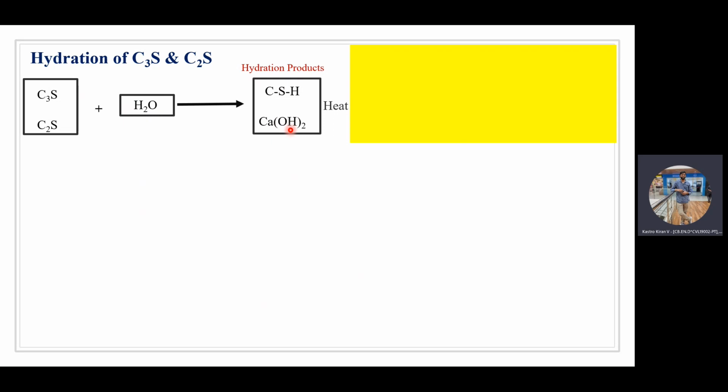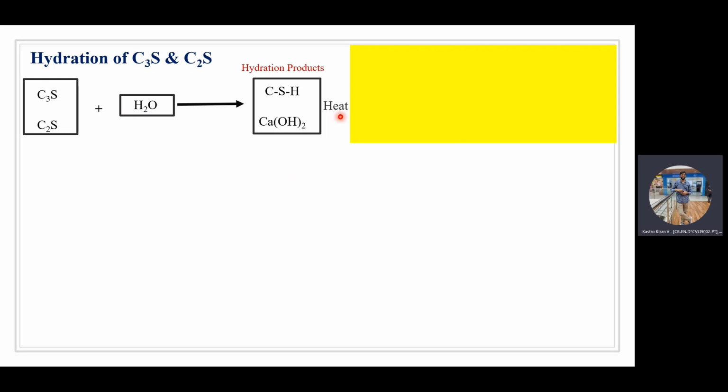Now, let us understand this clearly. When C3S reacts with the water, it is going to form a hydration product, which is called CSH. Along with the formation of the hydration product, it is also going to liberate a certain amount of heat. That's a common thing, because once cement comes in contact with water, it liberates a certain amount of heat.